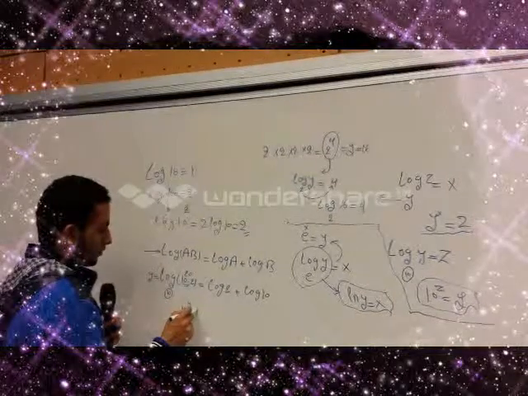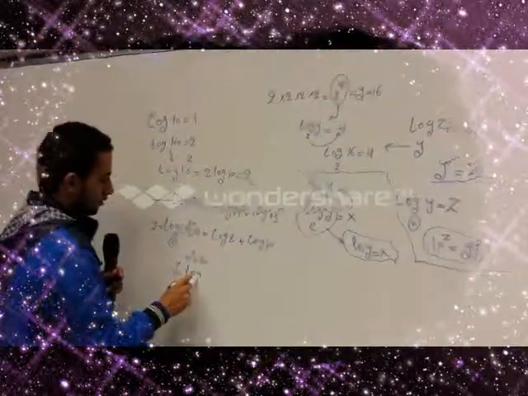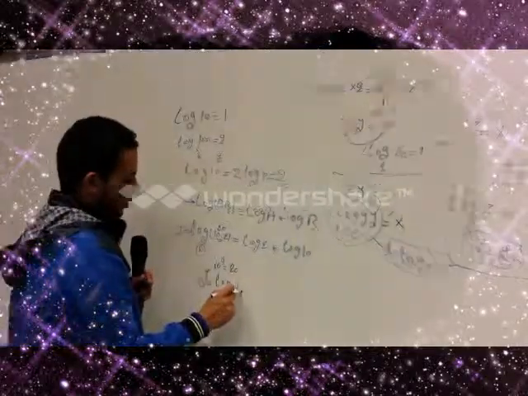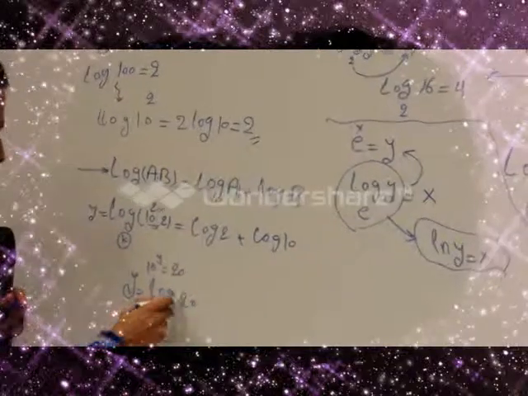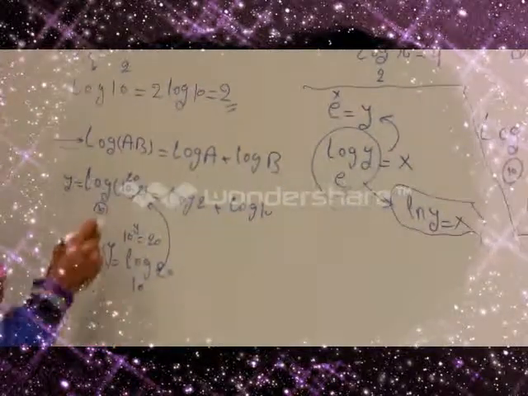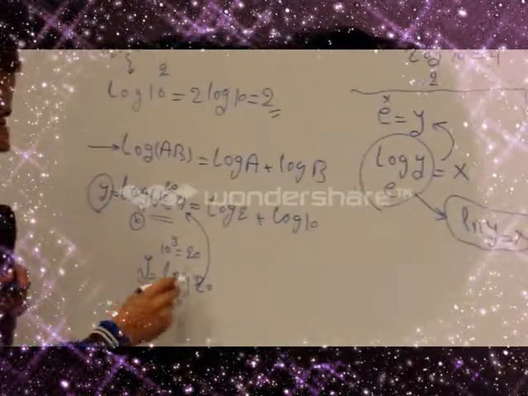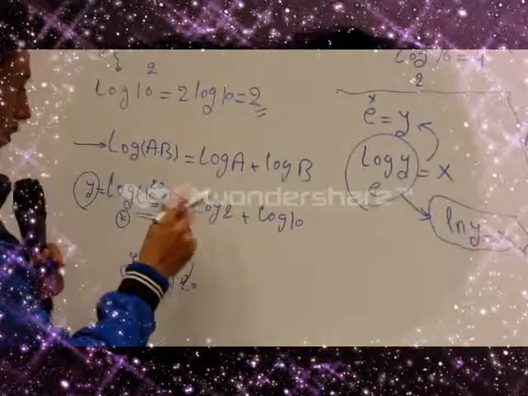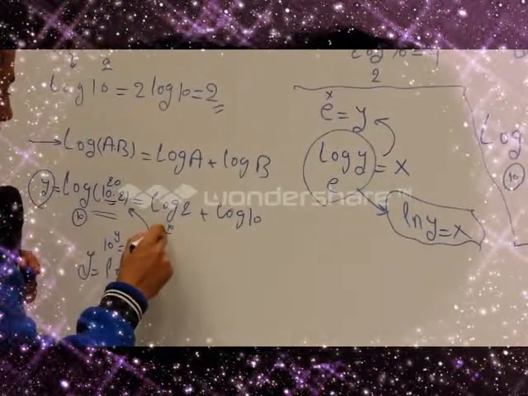10 power y equals 20, so y equals log 20 to the base 10. Okay, this is what. Actually, I got it back again. So, what I want to say is that this equals y, okay, which is the same log as here. So, let's move here and suppose that this is 10, the base.